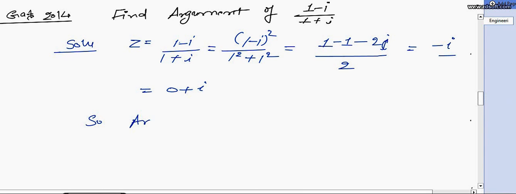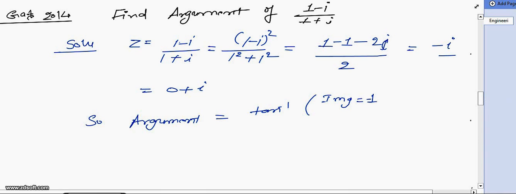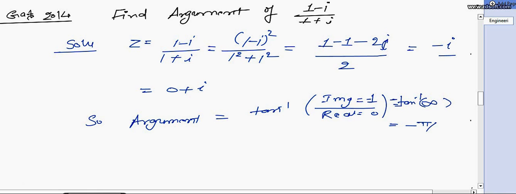So the argument is equal to tan inverse of imaginary, which is minus 1, upon real, which is 0, that is infinity. Negative of that gives minus pi by 2. So this is your answer.